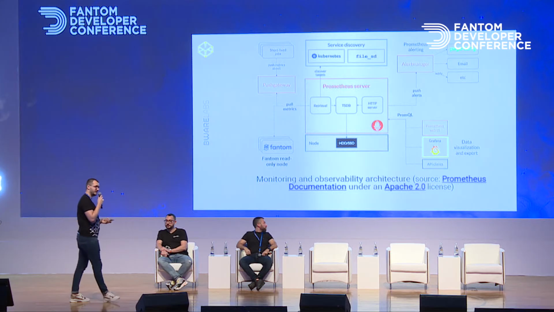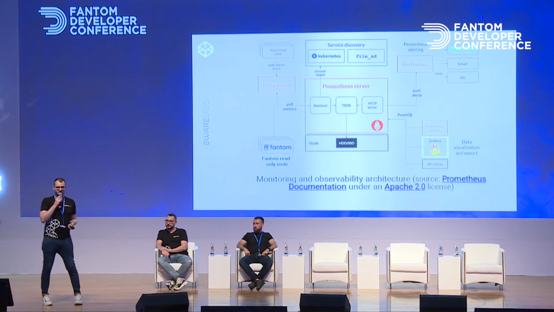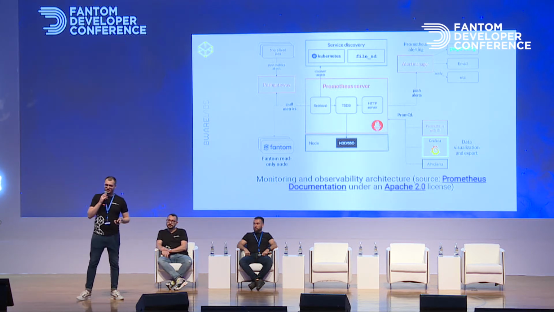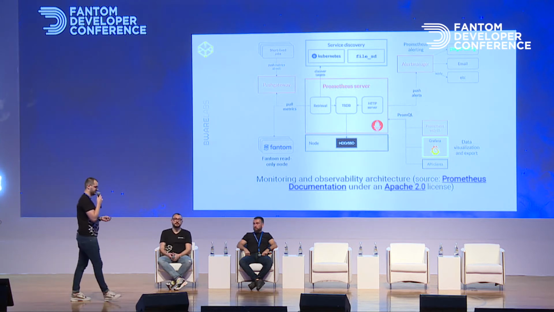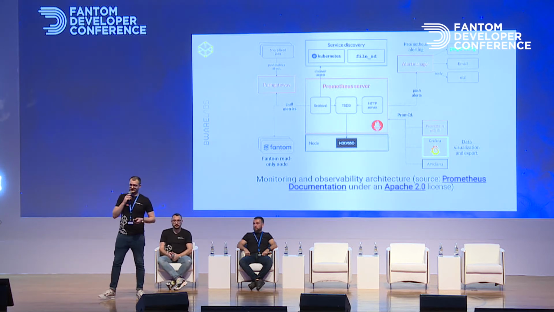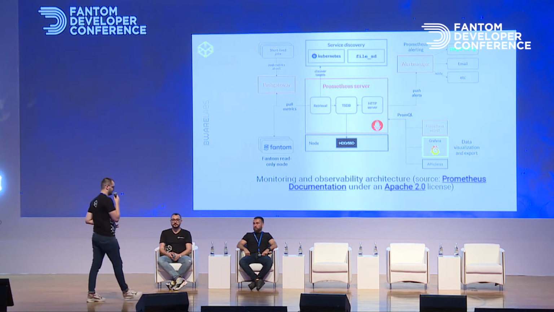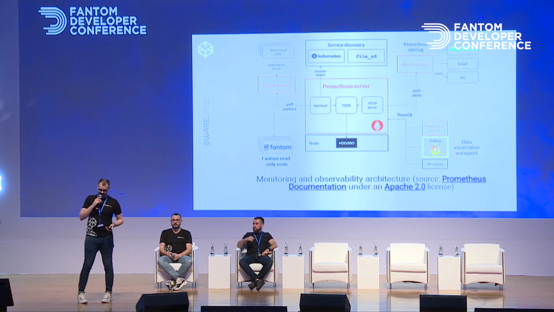And something else that we have here is Grafana, another popular tool for observability. Grafana uses Prometheus as a data source, and by employing the PromQL querying language, you can design great dashboards to monitor your hardware resources, the way your node behaves in the blockchain, and things like that.